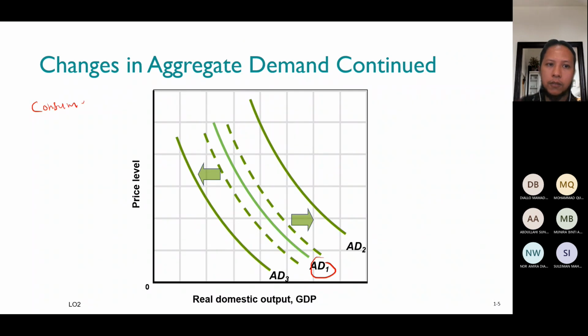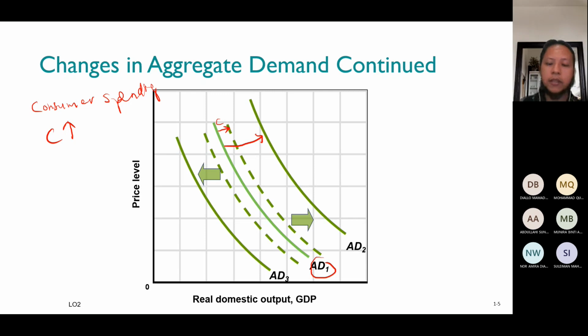So suddenly people are spending more. So C increases. The initial change of C was only this much. However, because of the multiplier effect, the total shift may be until AD2.